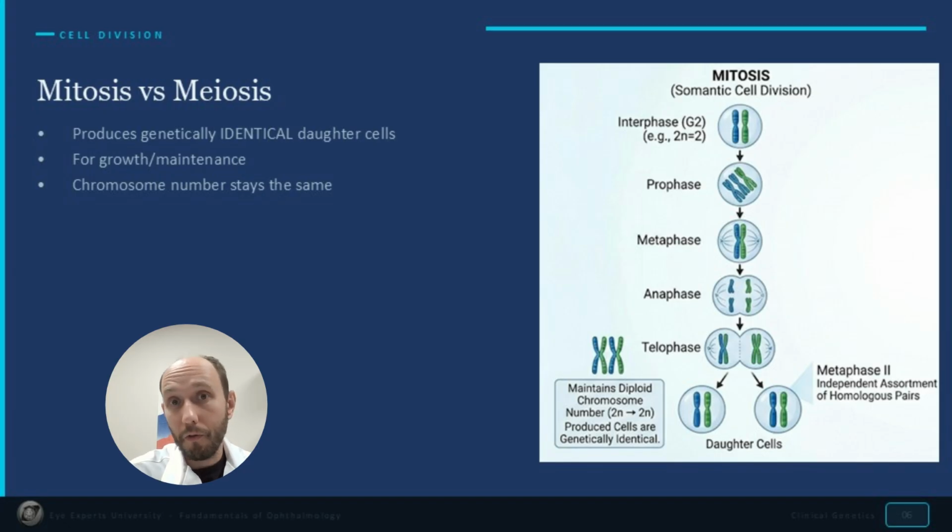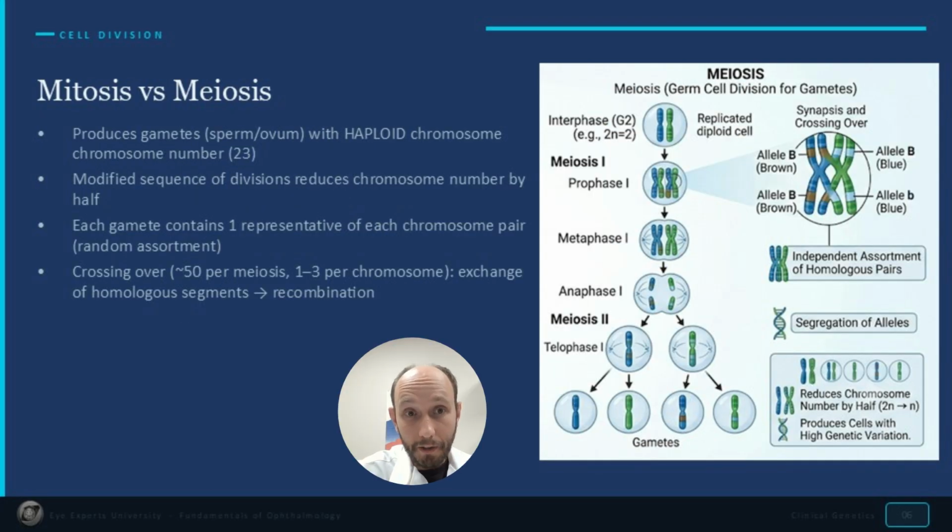Mitosis is used for growth and maintenance, and the number of chromosomes in mitosis stays the same. If we look at the diagram, as we remember, we have our chromosomes, we duplicate the chromosomes, then we separate the cells out so each one gets an identical pair, and now we have two identical daughter cells. As I mentioned earlier, meiosis is the process of making gametes.